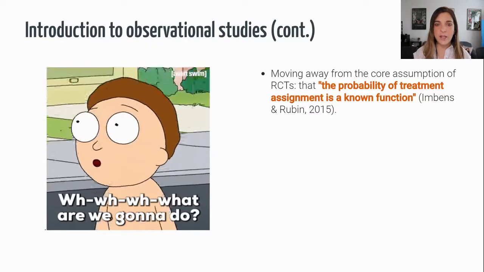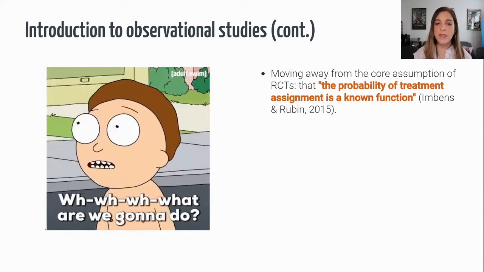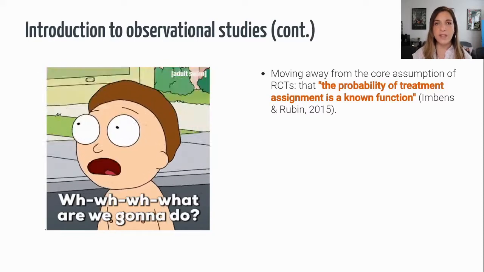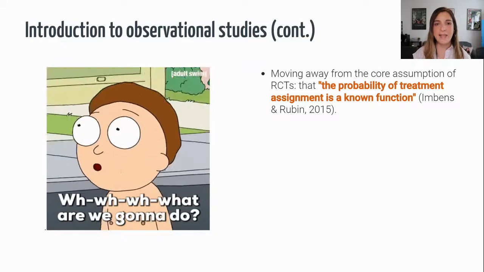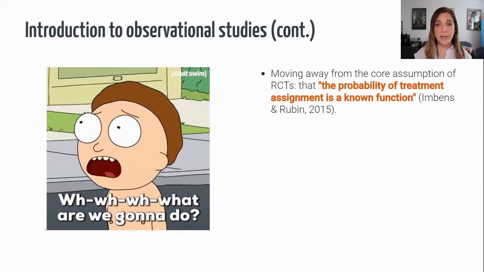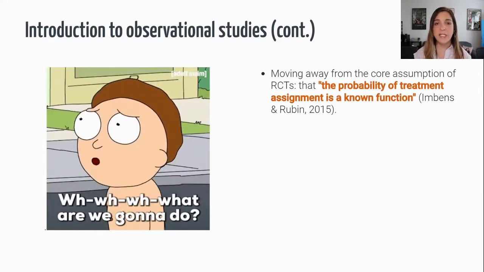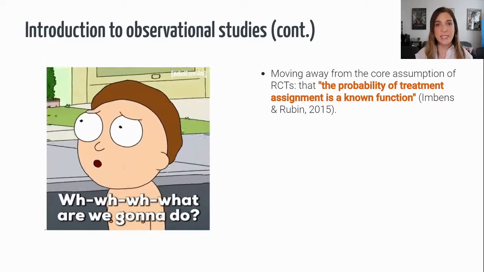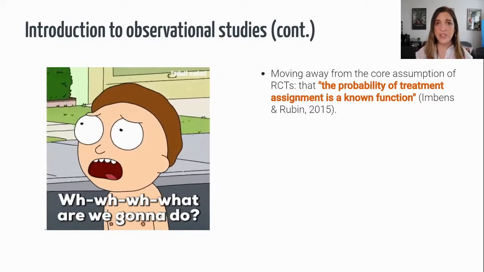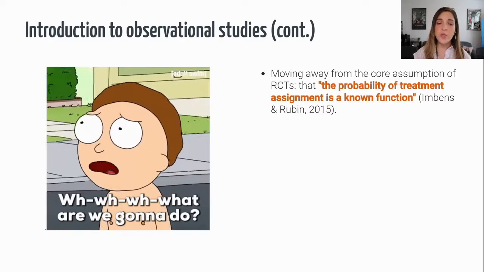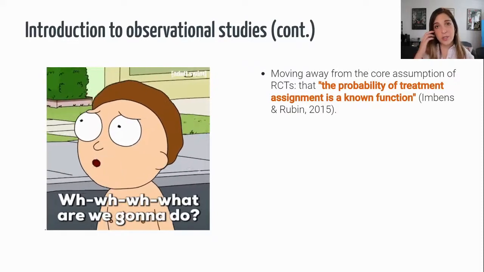An important thing that I should mention, that the probability of treatment assignment is a known function, doesn't necessarily mean that everyone has exactly the same probability of being in the treatment and the control group. So it doesn't necessarily need to be a 50-50 chance in that sense, but it needs to be a known probability. So that's something important. You don't need to assign 50% and 50% to treatment and control.